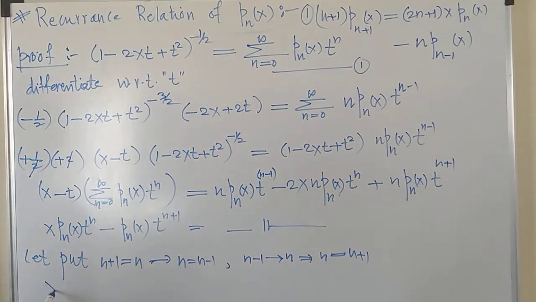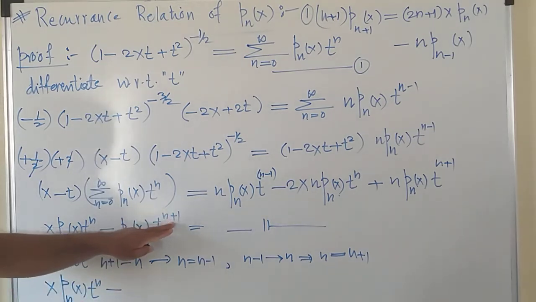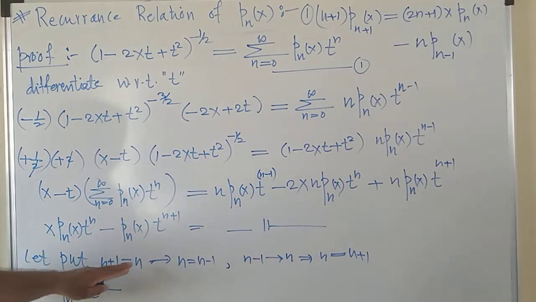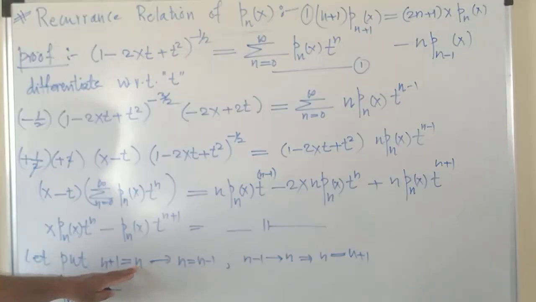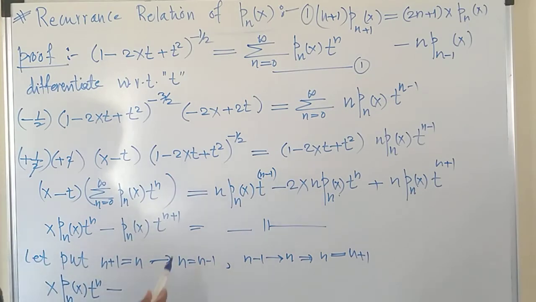So x will be as it is, this x, and Pn of x t raised to n, so there is no change in Pn of x t raised to n as it is, minus, now this n plus 1, so n plus 1 must be replaced by n, and to do that the n must be replaced by n minus 1.